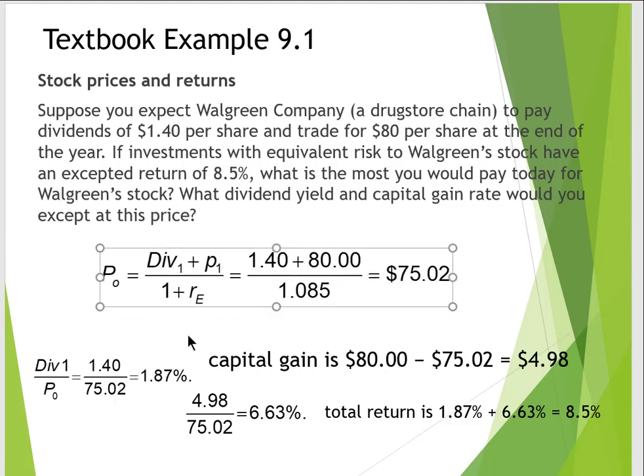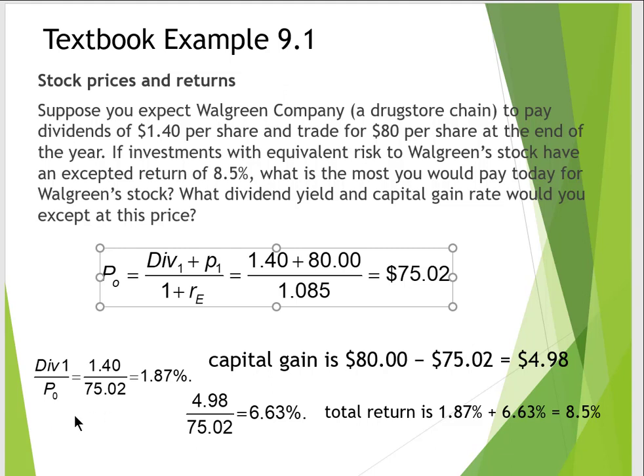You take D1 plus the future price that you're predicting, and you divide it by 1 plus the required return. So this stock should be worth today roughly $75.02.